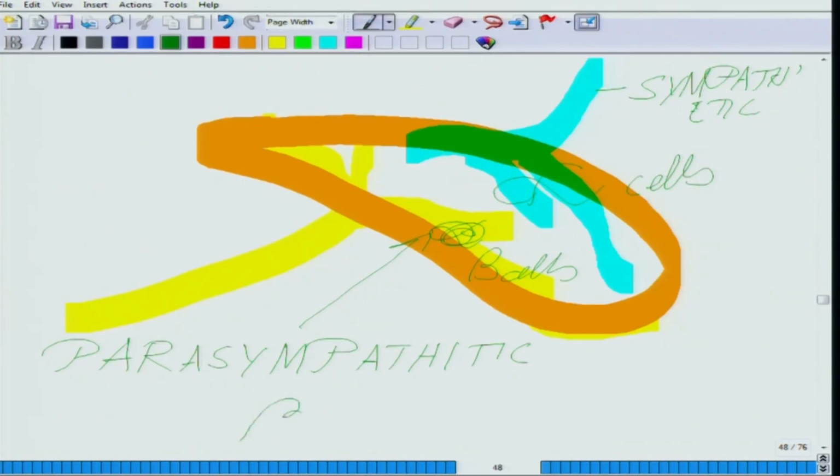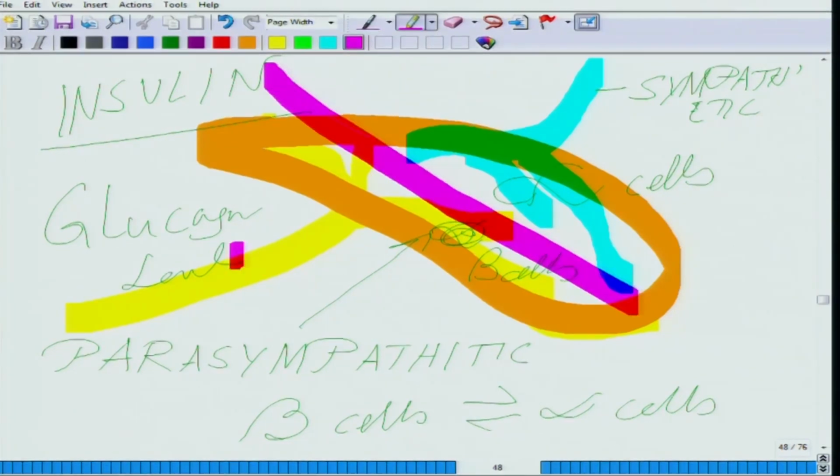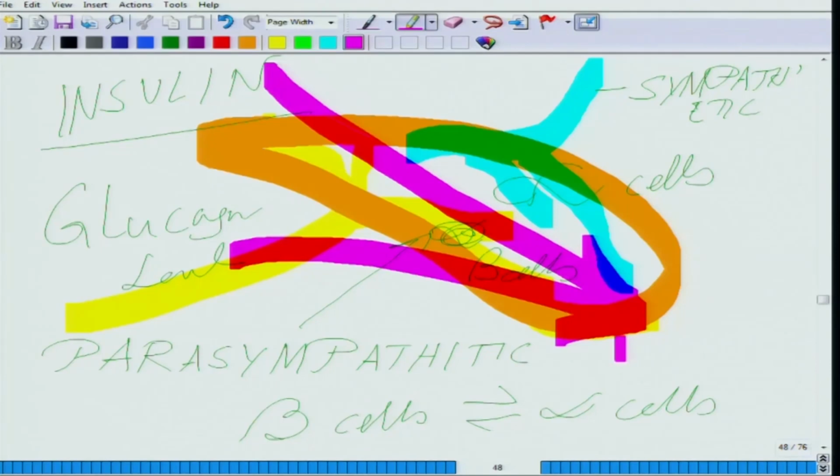And there is always a dynamic equilibrium between the secretion of the alpha and the beta cells, which regulates essentially the insulin and glucagon level, and that essentially controls your glucose.